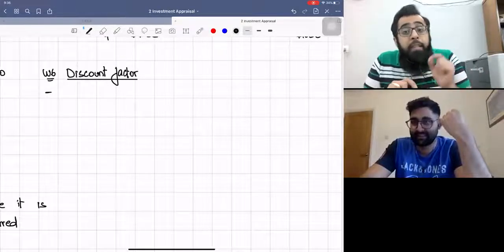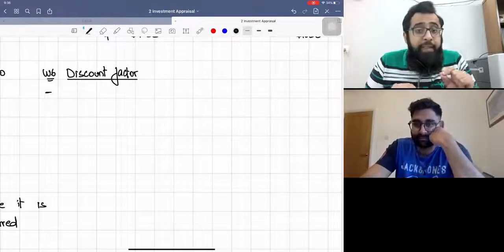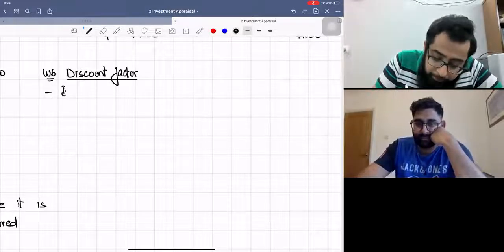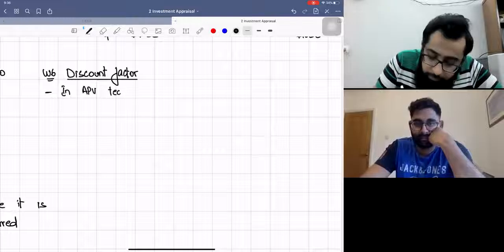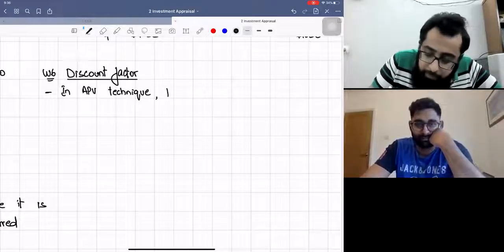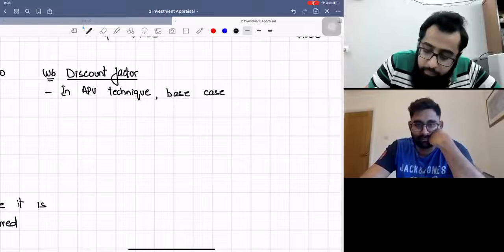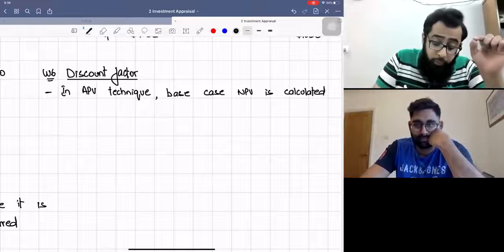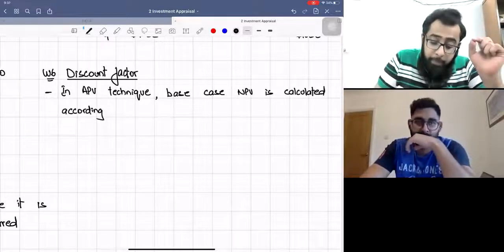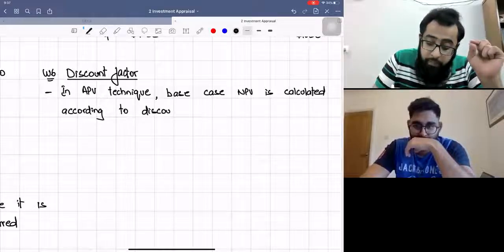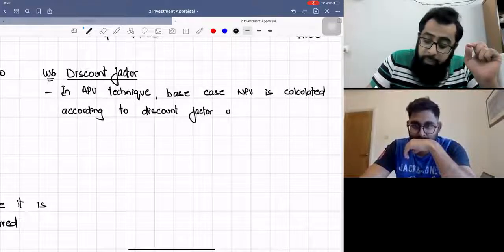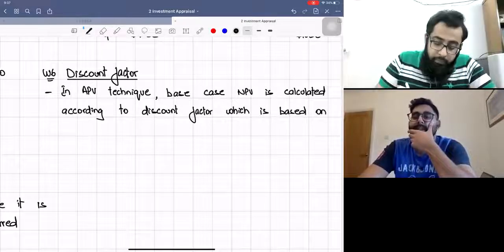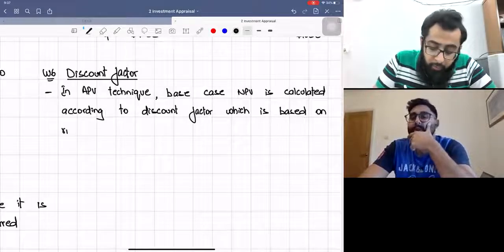The discount factor in APV is the base case NPV discount factor, and that will be according to the project-specific risk. In the APV technique, base case NPV is calculated according to a discount factor, which is based on the risk of the project.